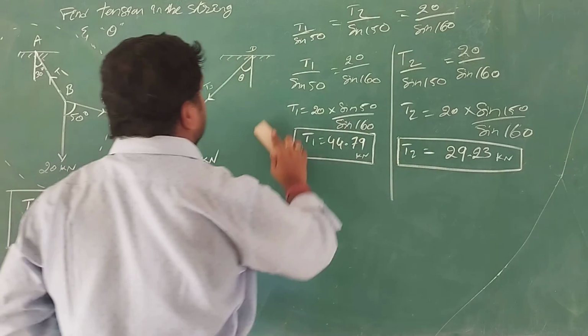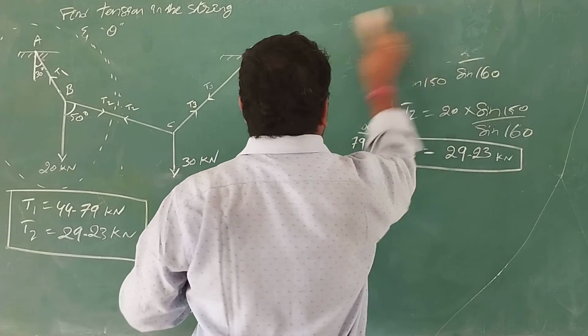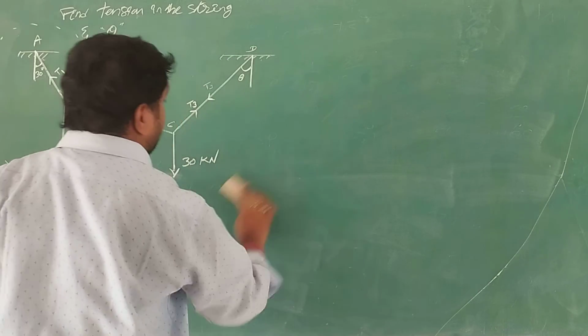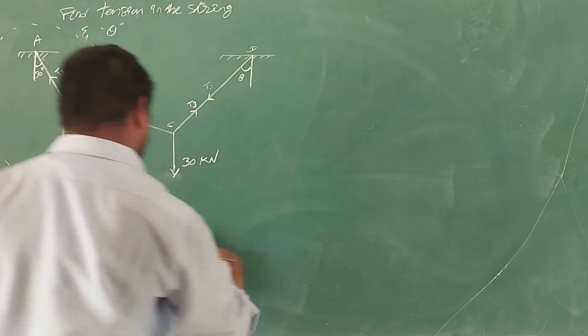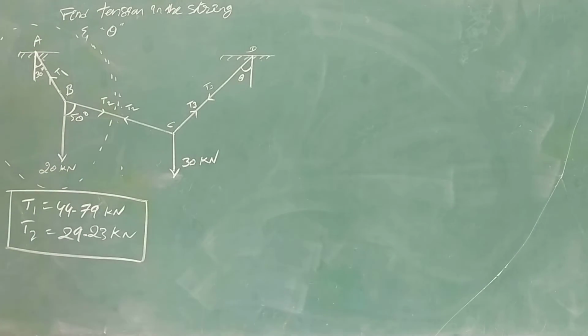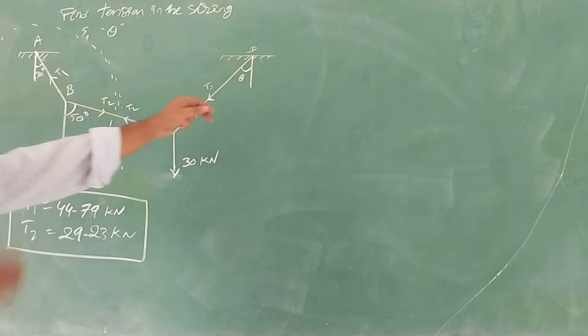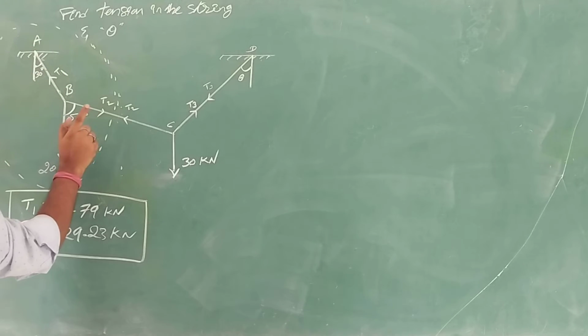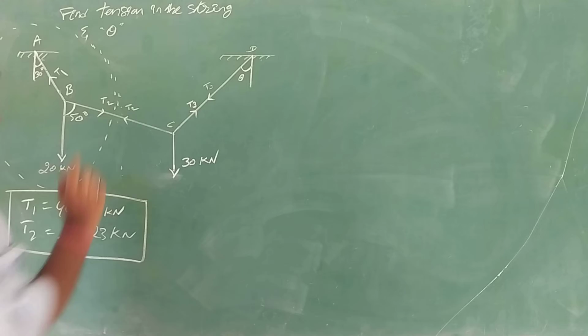Okay. So here we found T1 and T2. Now we also want T3 and this angle theta. Question is find tension. So we have found T1, we have found T2, now we should find T3.